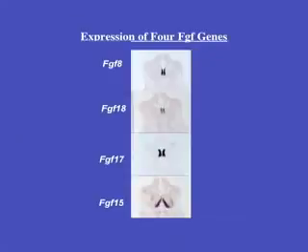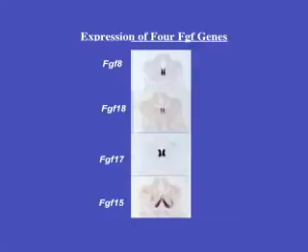Okay, so here's the expression of the four FGF genes that I referred to. The FGF8 family, 8, 18, and 17, are all expressed in approximately the same region. In fact, 8 and 18 look about the same in their regional pattern. FGF17 has a broader expression pattern expanding dorsally from this region. So there's a core region where all three are expressed, but FGF17 is unique in being expressed more dorsally.